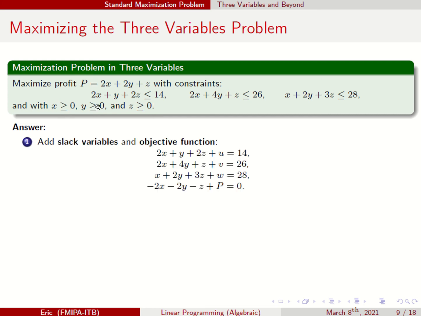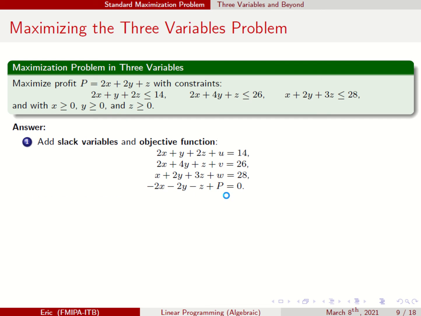First of all, I add slack variables because you have 3 inequalities. You add 3 slack variables u, v, w. The profit function you put on the last row, and all the right hand side you should bring to the left hand side.